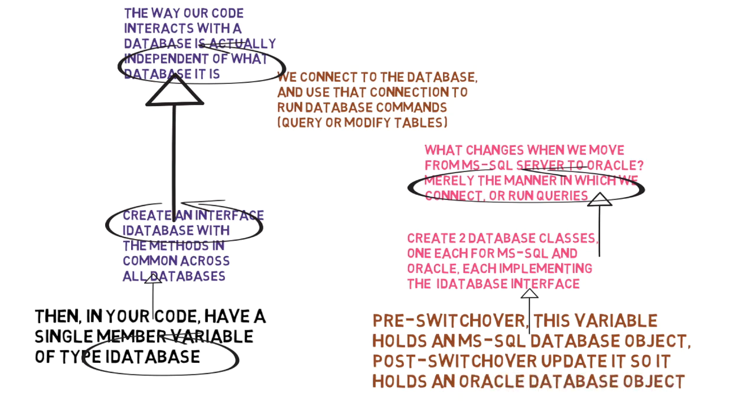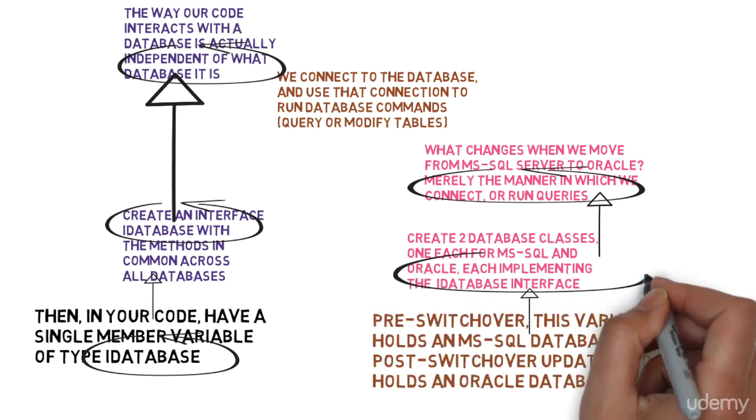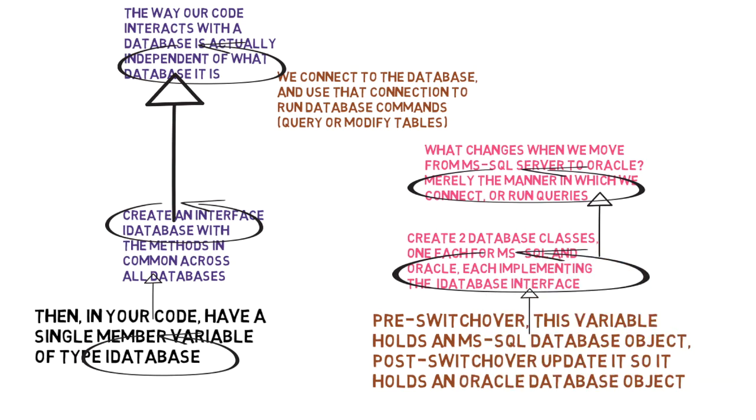After we've switched over, post switchover, we update this member variable so it holds an Oracle database object. Each of these implements the iDatabase interface, so they can be exchanged one for another without the client code ever being wiser.